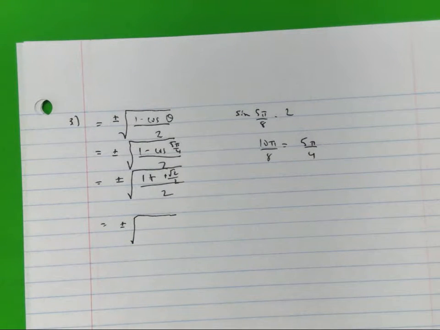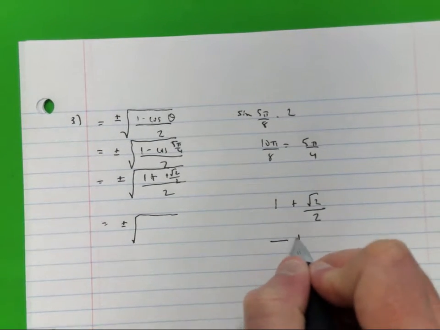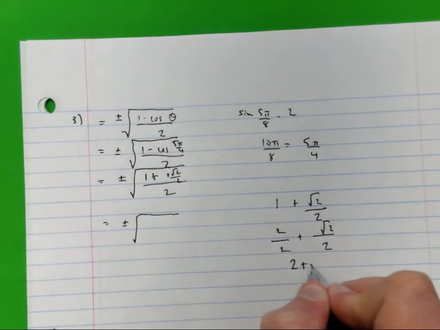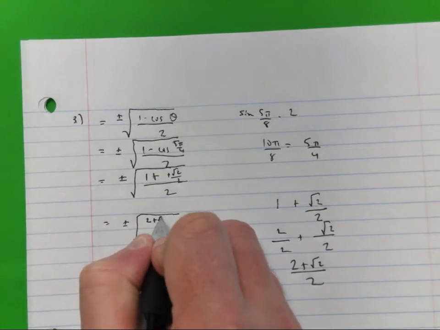Now, what do we need to do to that numerator? We've got 1 plus square root of 2 over 2. We need to come to the side and find the common denominator, which is 2. That is what I plug into my numerator.